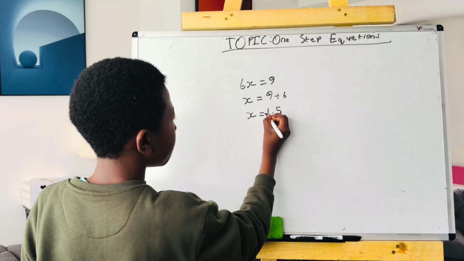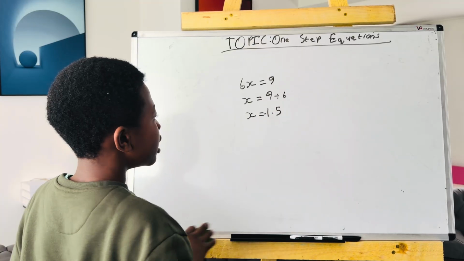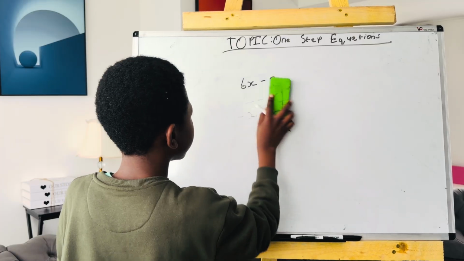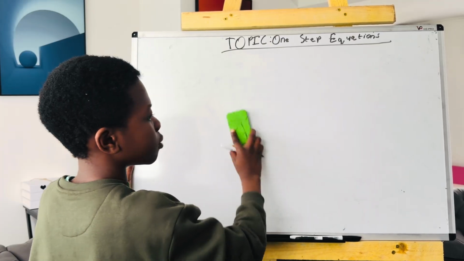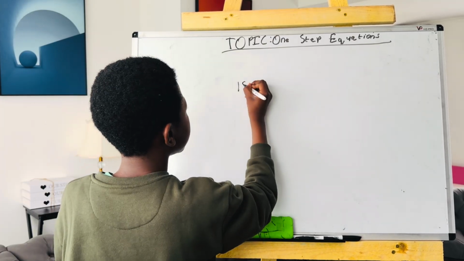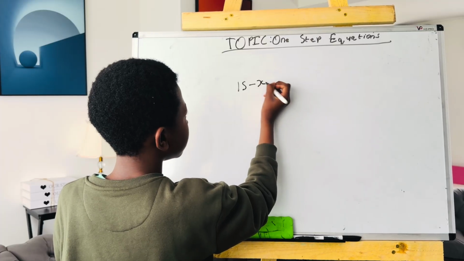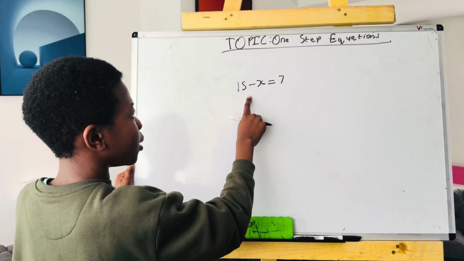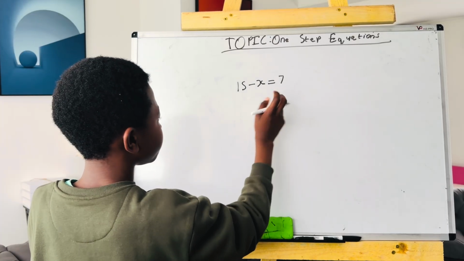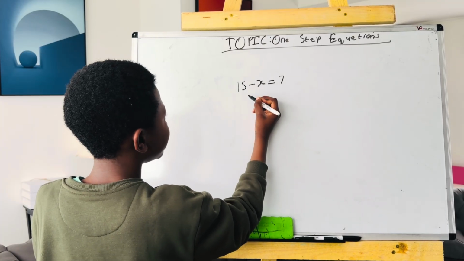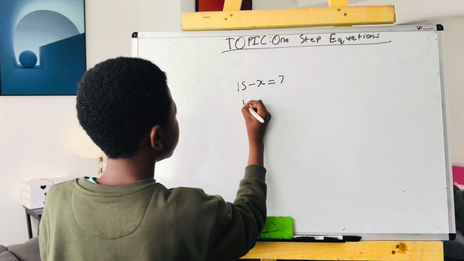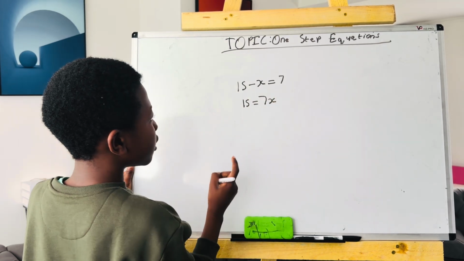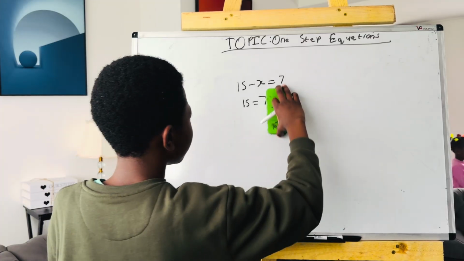You have to be very specific with your answers. If you have minus x in one of the equations, let's say 15 minus x equals 7. Whatever you do to one side of the equation, you do to the other. You just need to add the x to both sides. So it'll be 15 equals 7 plus x.